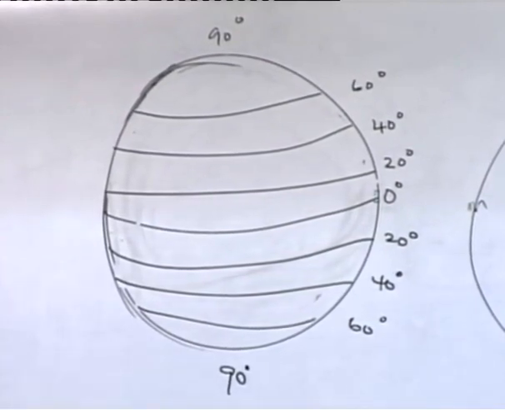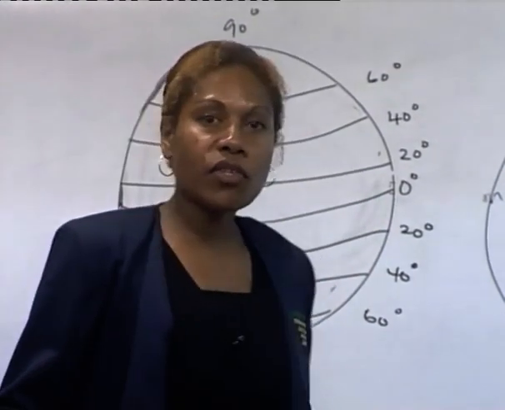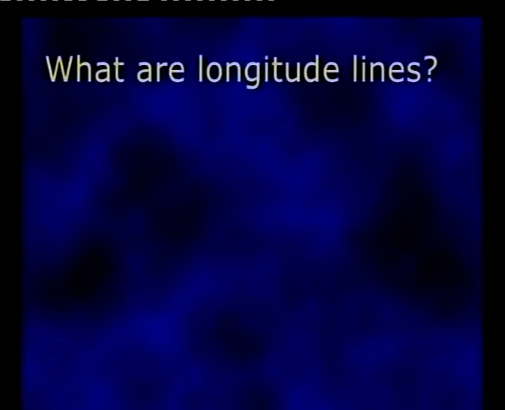Longitude lines. What are longitude lines? We've looked at latitude lines. Latitude lines run across the world from west to east. This time, we look at longitude lines. Eileen?